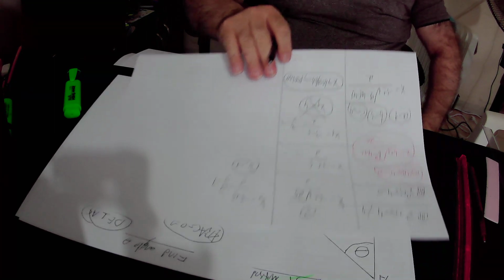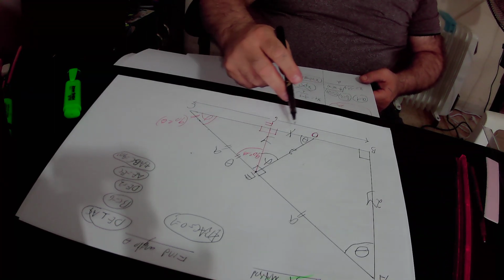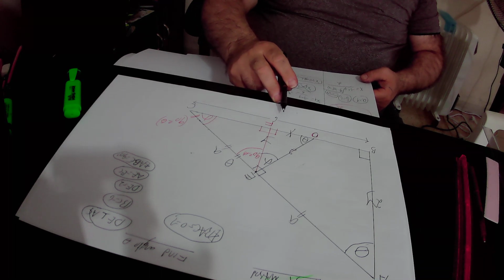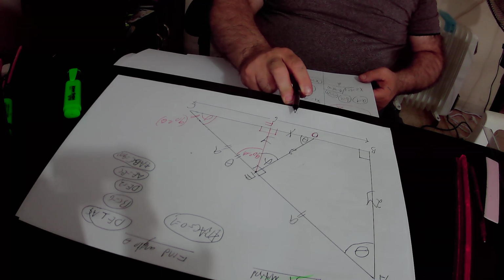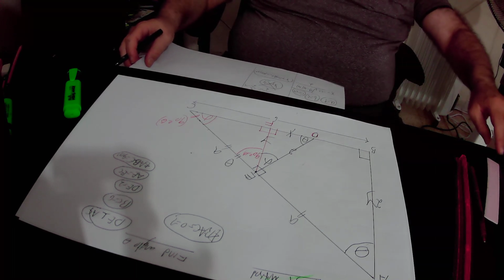Here x equals 1, so I will copy the right triangle EDF, and we will find the value of cosine theta. Here x equals 1.